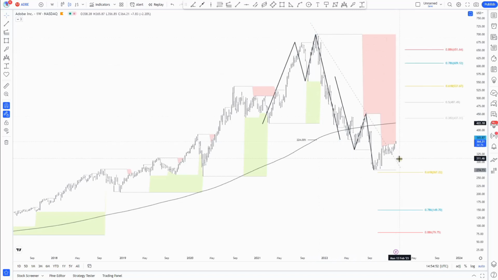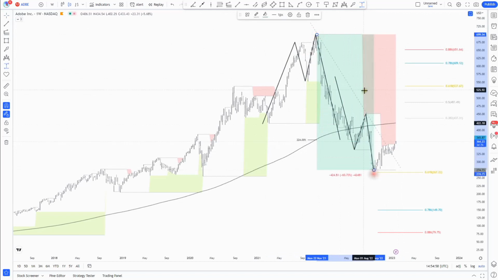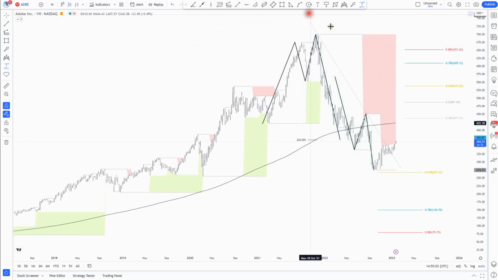When I see these breakouts after a move to the downside, let me track this one. This was a 60% fall from the previous historical highs on Adobe. So basically, this is a very significant pullback or correction. So I will not be surprised to see an attempt to recover after a sharp drop.